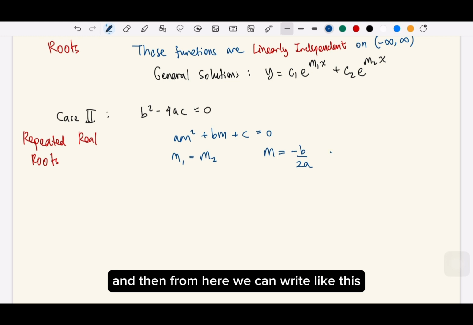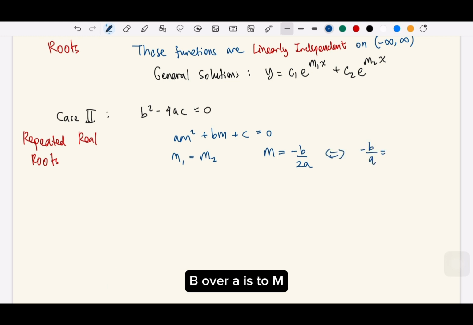And from here, we can write negative b over a is 2m.